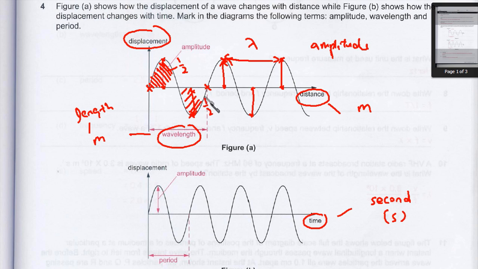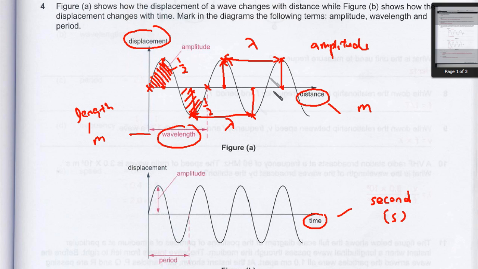Added together is one wave, and we know that the distance for one wave to occur is the wavelength. So we can label this as the wavelength, or between the two troughs, this can be one wavelength. Please get this clear.